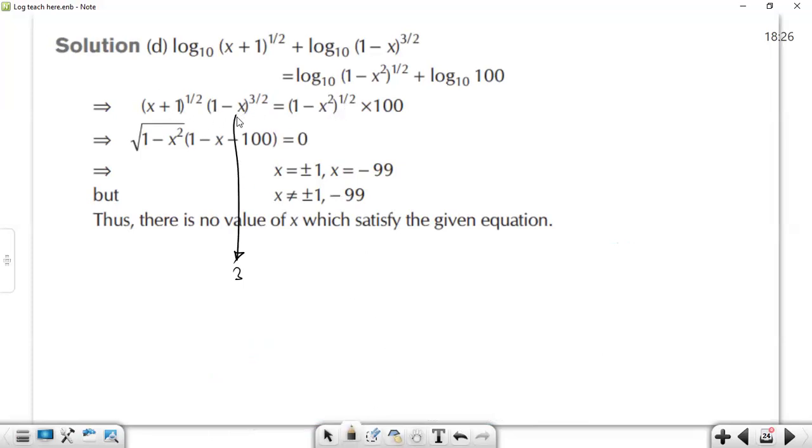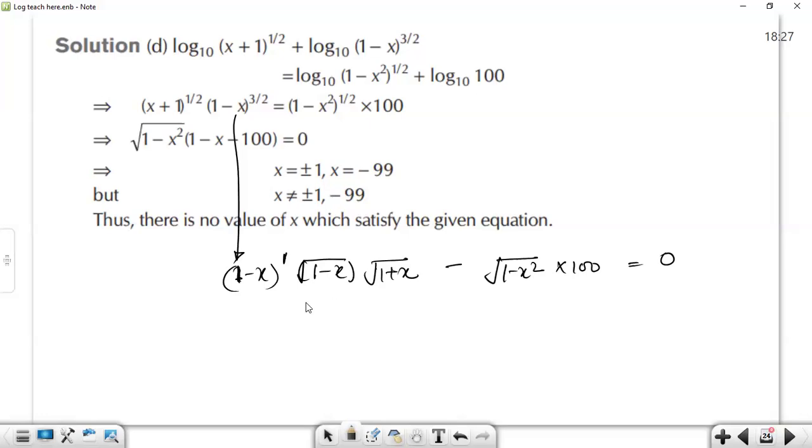So this can be rewritten as 1 minus x raised to power 1 into square root of 1 plus x, and writing this on the left hand side, square root of 1 minus x square into 100 is equals to 0. Now taking this common, this has become what?